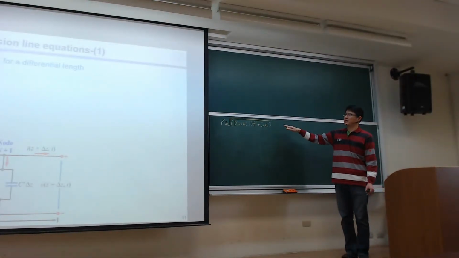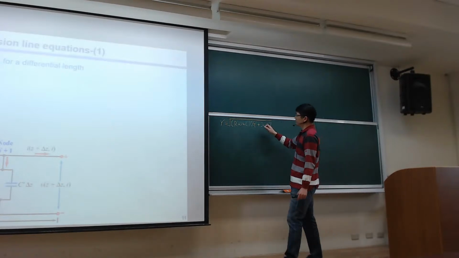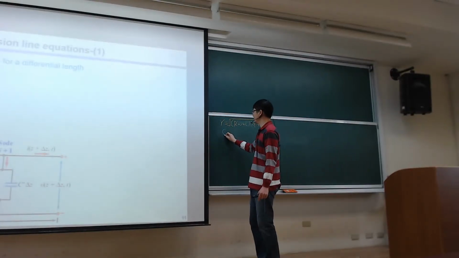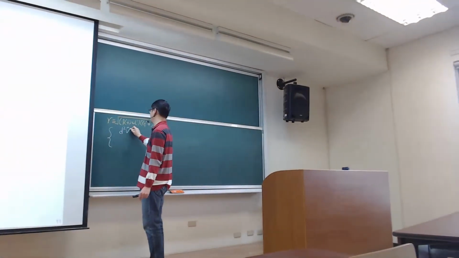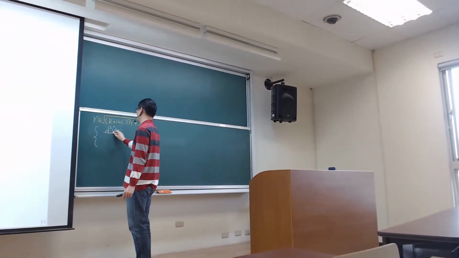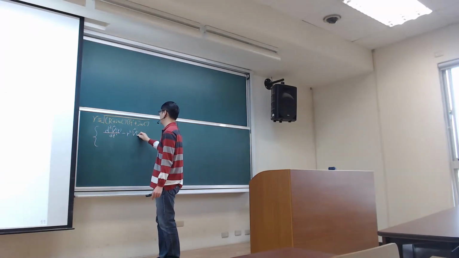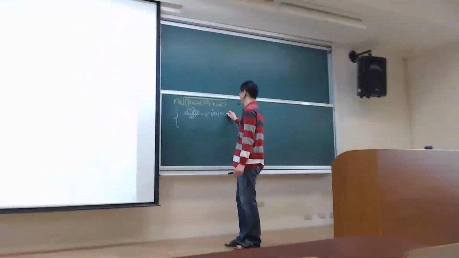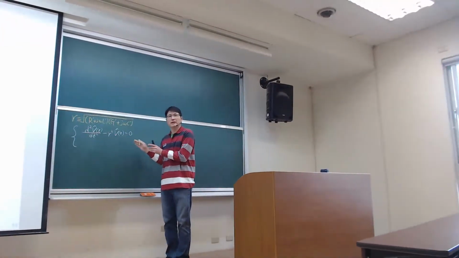After defining this gamma, then I have the equation as d squared V over dZ squared minus gamma squared V(z) equals 0. So that's the first one. So now it's very simplified and clear.